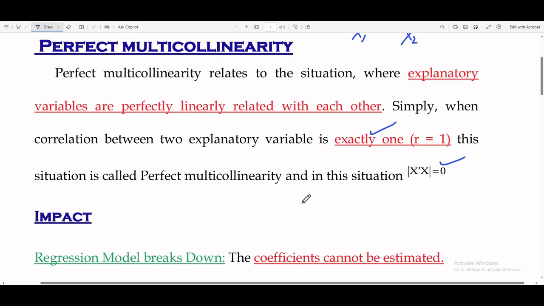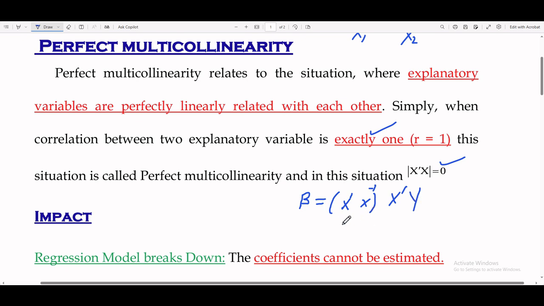As you know, beta is the slope of the regression model, and its formula is X prime X inverse times X prime y.